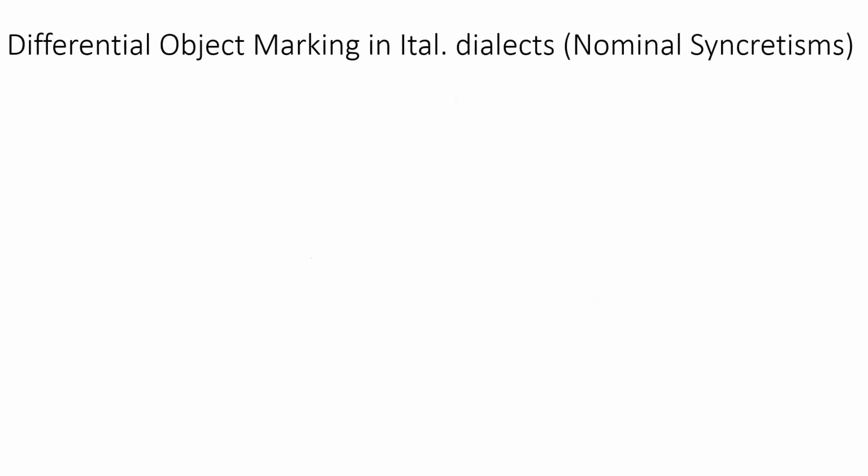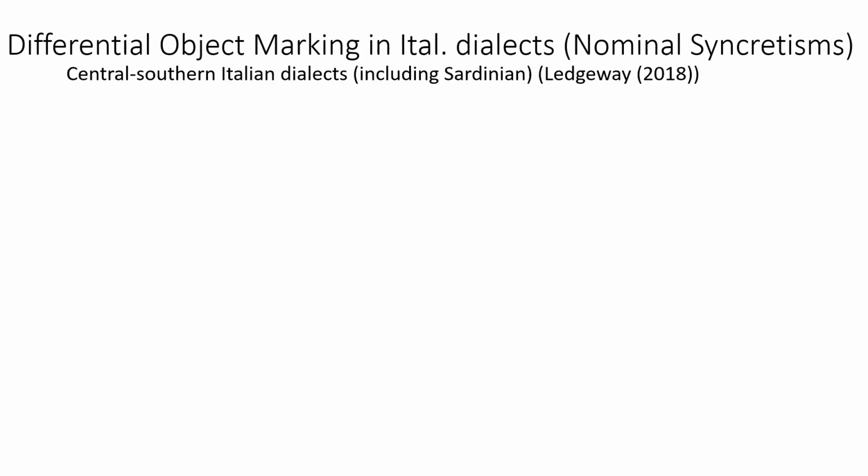In other varieties, however, we get a somewhat different picture. So, for example, in Italian dialects, I was very fortunate to have attended a presentation by Adam Ledgeway in 2018 in Paris, where he gave a very detailed, very good presentation on the use of a as a DOM marker in various Italian varieties.